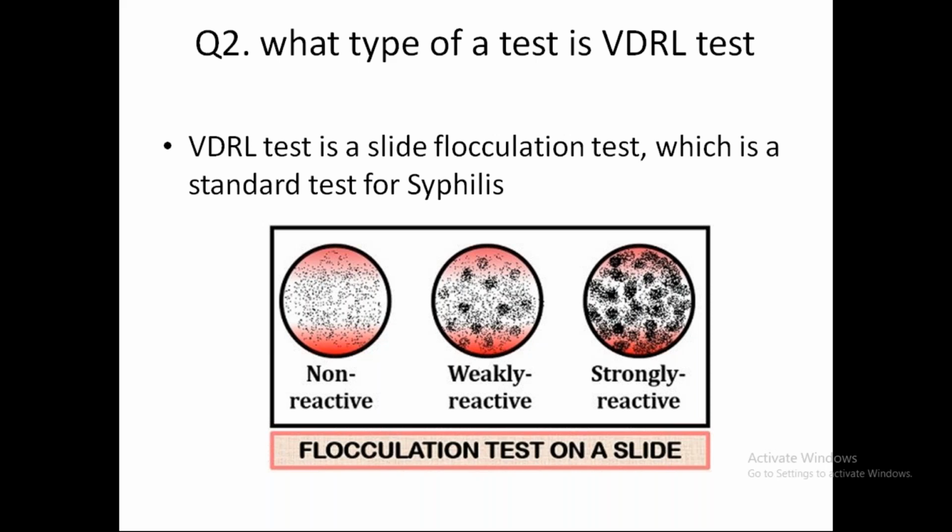Major tests are precipitation reactions and agglutination reactions. And flocculation is a type of precipitation reaction itself. When the particles usually remain as flocules, then it is known as flocculation test. So, VDRL test is a slide flocculation test which is used for the diagnosis of syphilis.